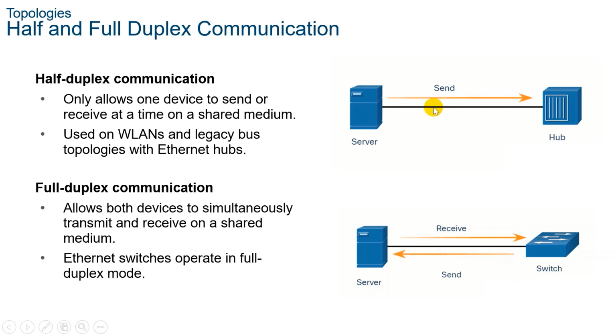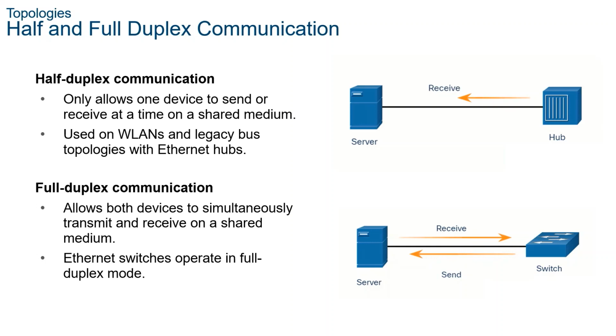Observe the animation here. The data is either from the server to the hub or from the hub to the server. Now on a full duplex communication, both devices can simultaneously transmit and receive on the same shared media. The data link layer assumes that the media is available for transmission for both nodes at any time.